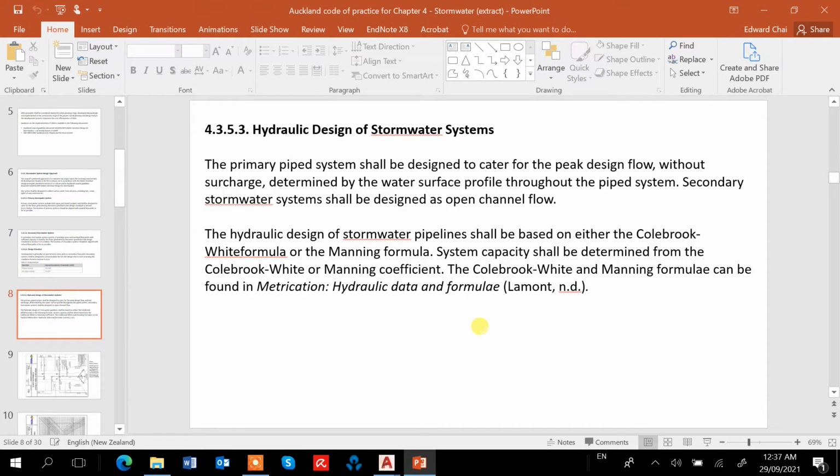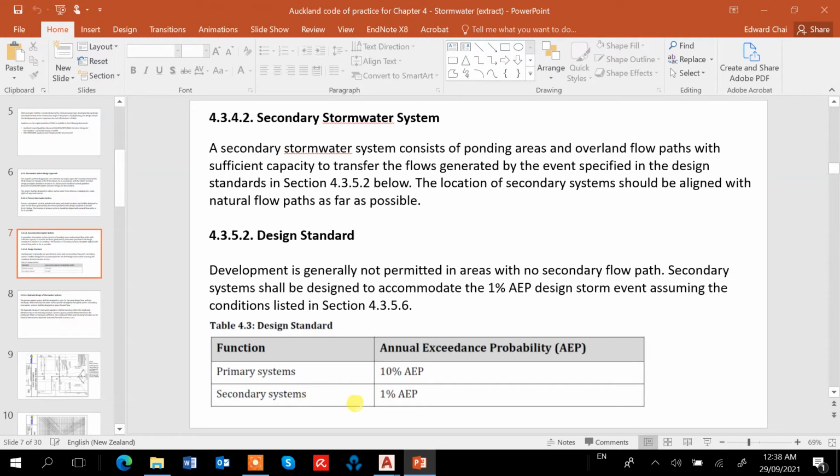For the secondary system, it's 1% AEP, which is 1 in 100 years, since 1 divided by 100 is 0.01. So we're going to look at 1 in 10 years. The standard is not very high.